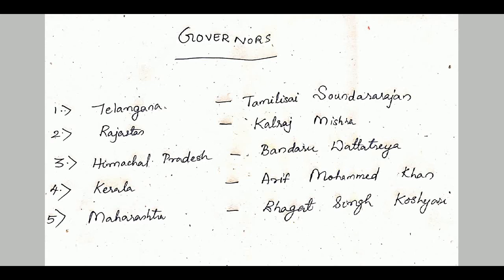Bandaru Dattatreya is appointed as the governor of Himachal Pradesh. Arif Muhammad Khan is appointed as the governor of Kerala, and Bhagat Singh Koshyari as the governor of Maharashtra. Telangana, Tamilisai Soundararajan; Rajasthan, Kalraj Mishra; Himachal Pradesh, Bandaru Dattatreya; Kerala, Arif Muhammad Khan; Maharashtra, Bhagat Singh Koshyari.